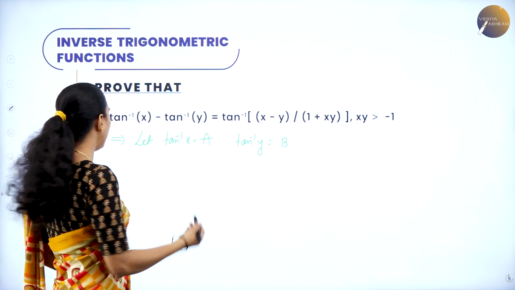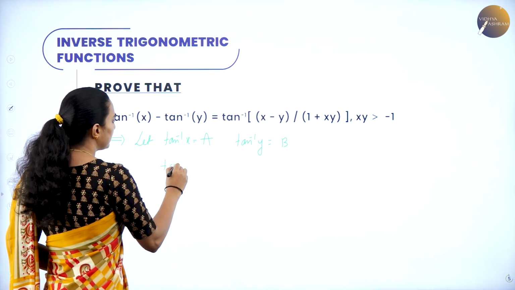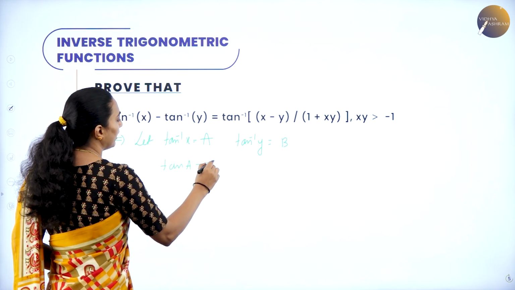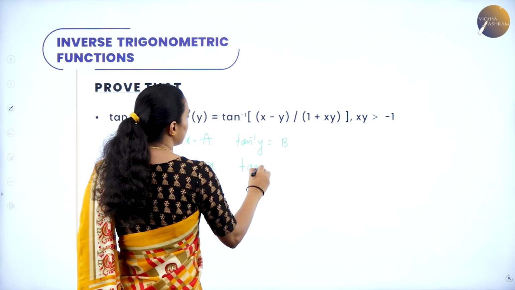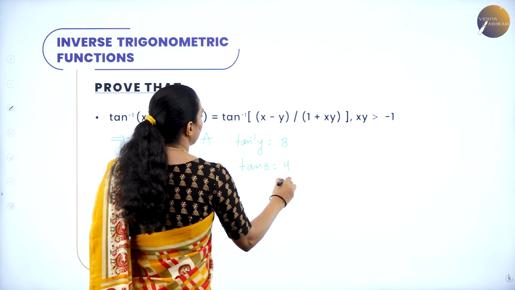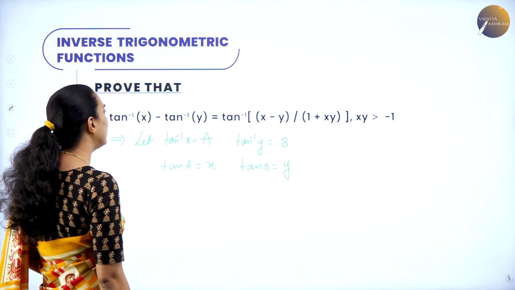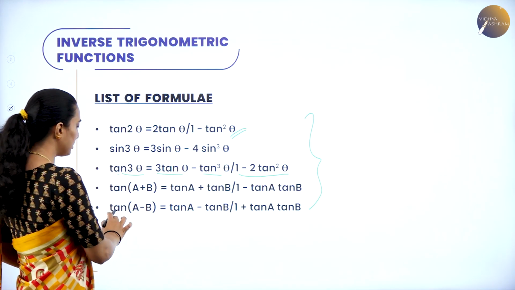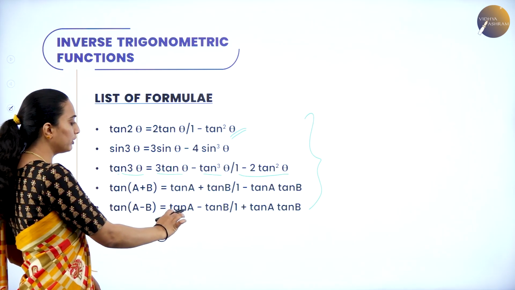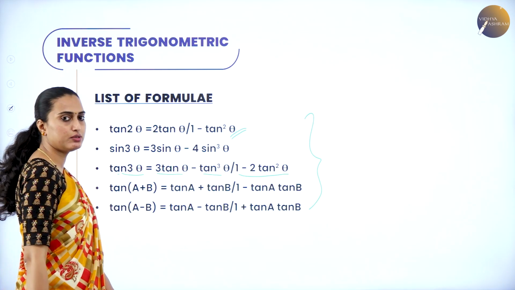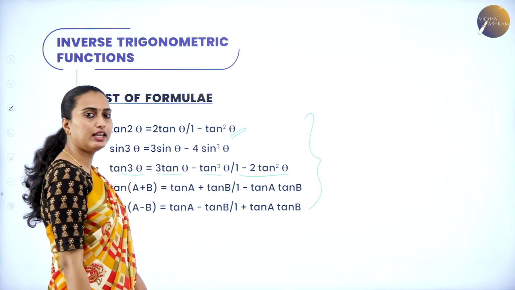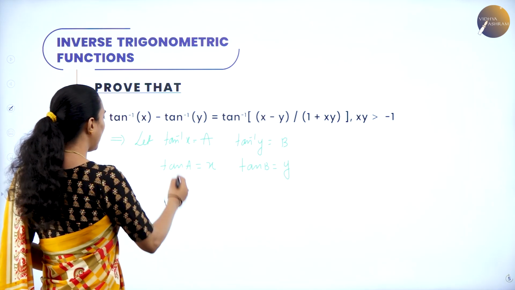Therefore, I can write it as tan a is nothing but x, correct? And tan b is nothing but y. So what you are having here? Minus. Minus means which is the formula I can use? The formula I can use is tan of a minus b is equal to tan a minus tan b divided by 1 plus tan a into tan b. Therefore, let me use that formula here.